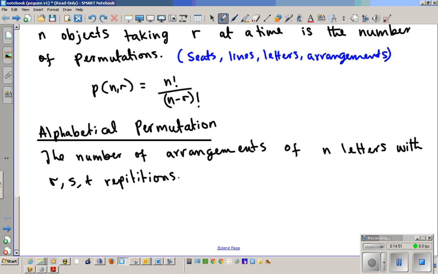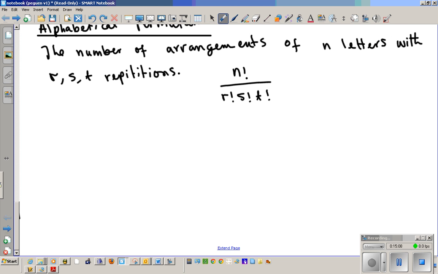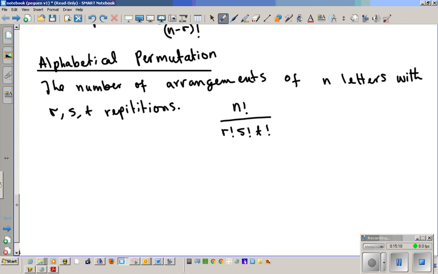So it's given by n factorial, the total number of letters, divided by the repetitions: r factorial, s factorial, t factorial. So the repetitions go on the bottom, and the total goes on the top. That's the formula for alphabetical permutation.